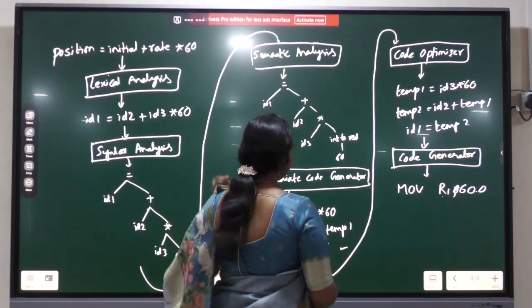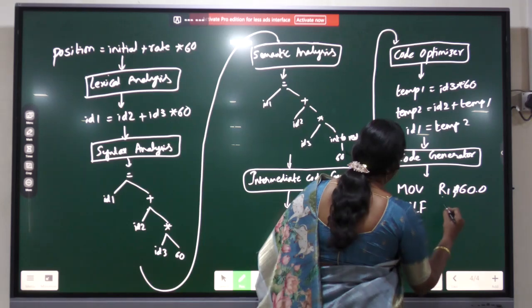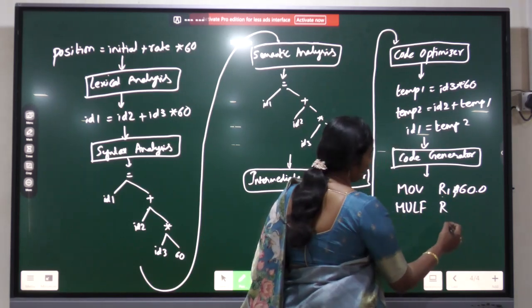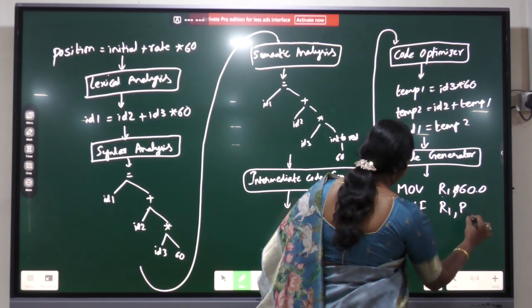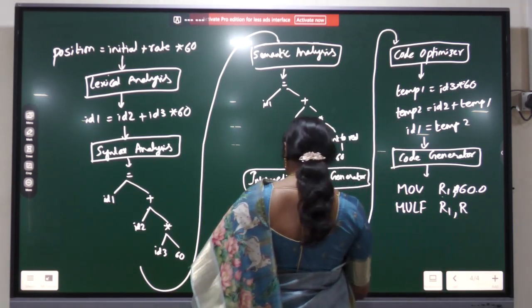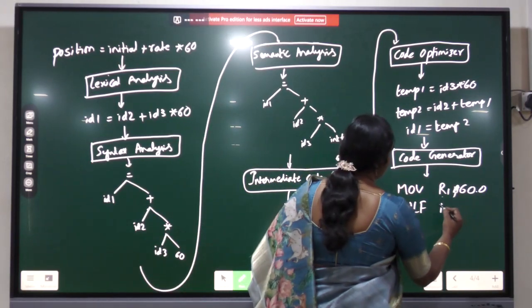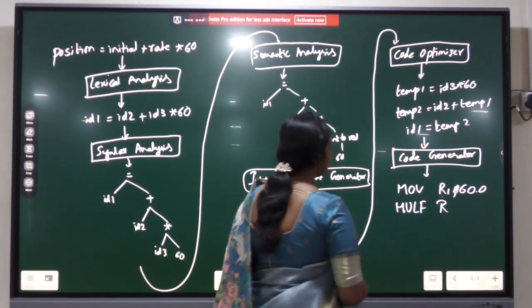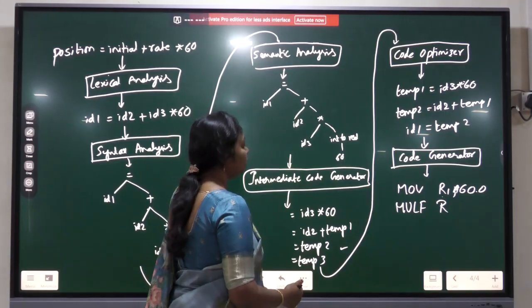multiply it with ID3, right? So multiply, F is floating point number. So in R1 we have kept 60 as input, and then we need to take ID3.